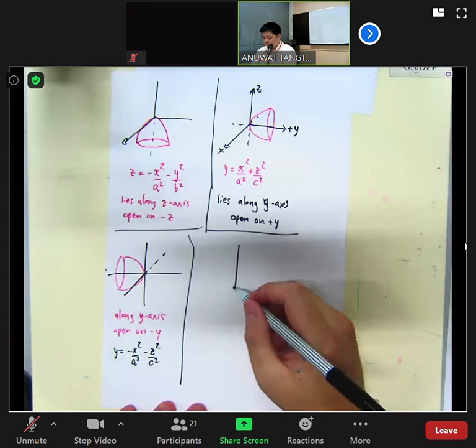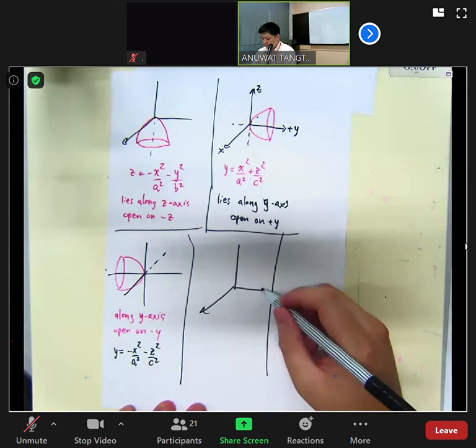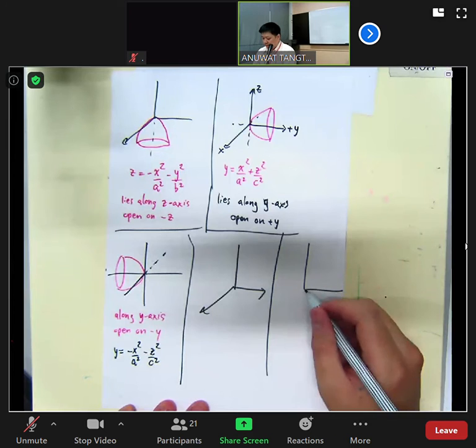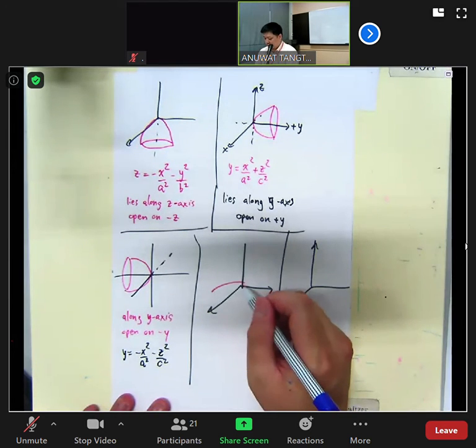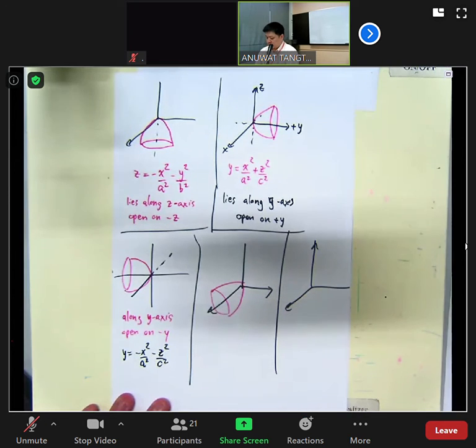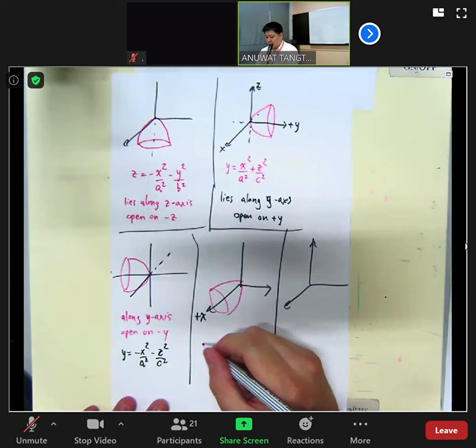And another 2 cases lie along the x-axis. One of them would be this, open on positive x.